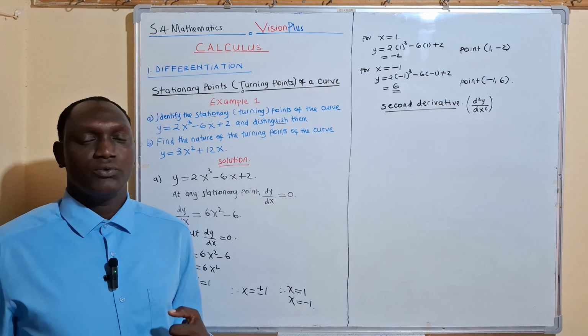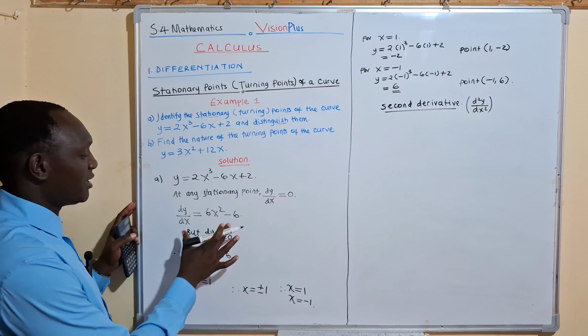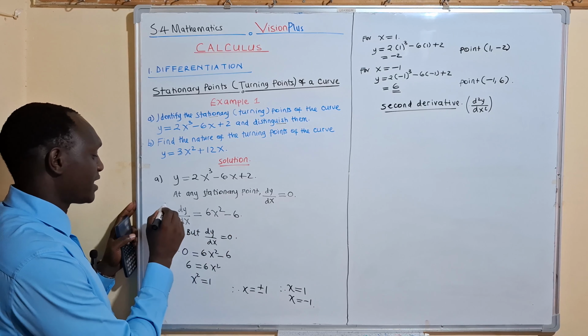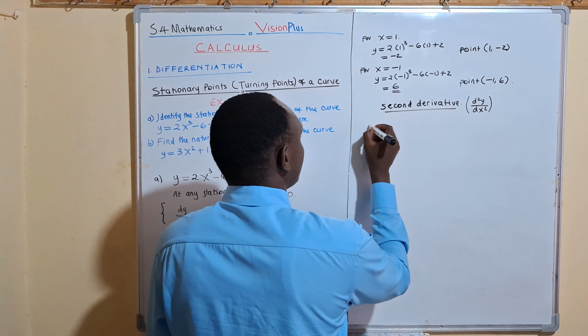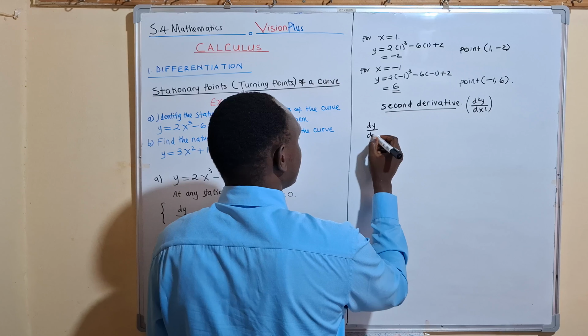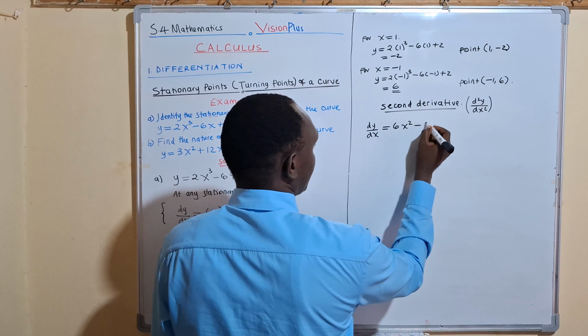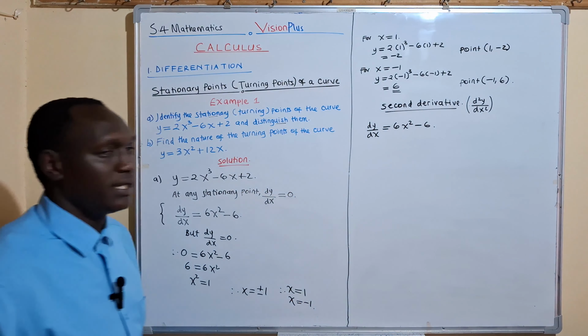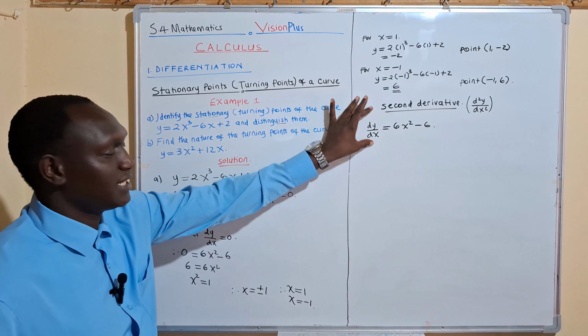Now, how do we get the second derivative? We use the gradient function of the curve, which is dy/dx = 6x² − 6. For you to get the second derivative, we use the first derivative.